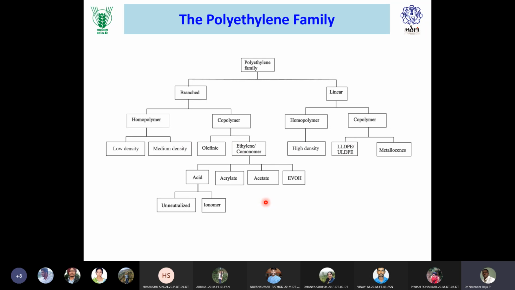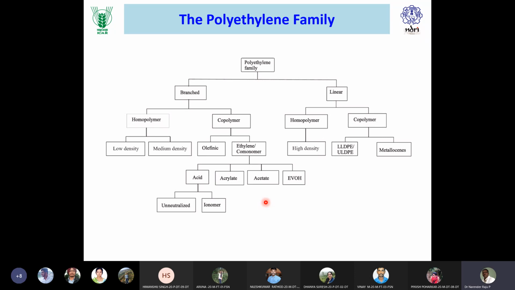So it's a random copolymer of ethylene and vinyl acetate. Similar to the flexibility of other plastics such as polyvinyl chloride, ethylene vinyl acetate is flexible, very close to flexible PVC.